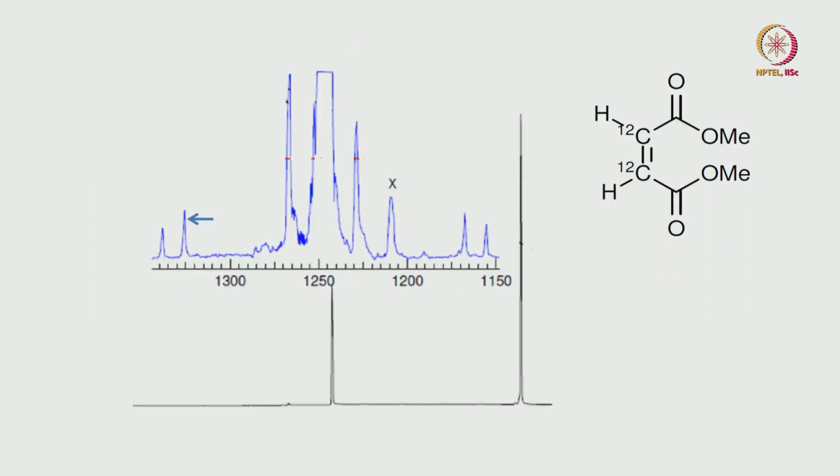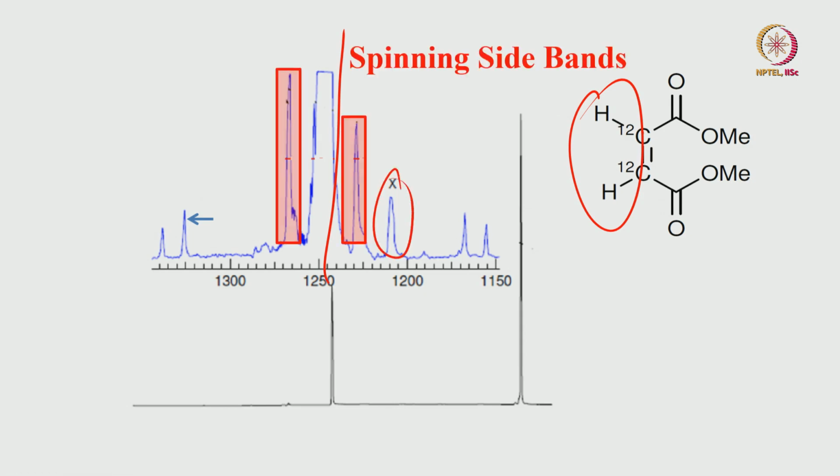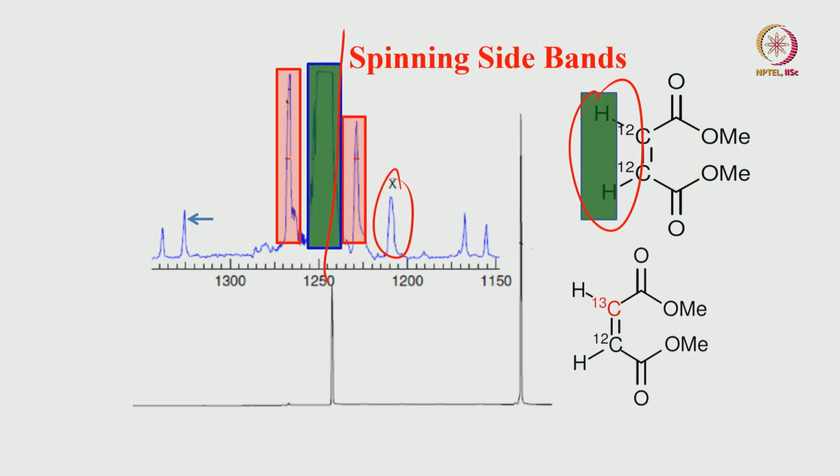This is a classic example of another molecule, where again these two are chemically equivalent. You get a single peak here. This corresponds to the situation where both the carbons are carbon 12. And of course, these are some satellites and sidebands, and you do not worry about them. What is happening is, I am considering a situation like this, where one of the carbons, instead of carbon 12, I consider as carbon 13. Again, you have broken the symmetry.